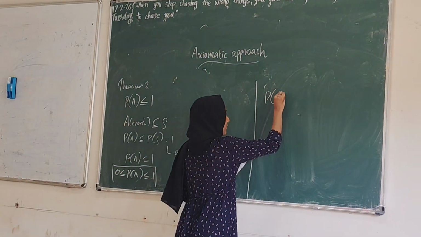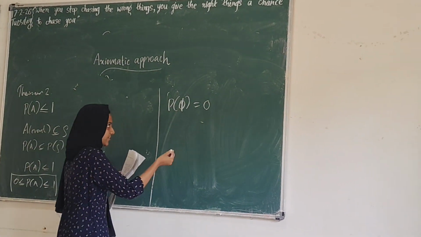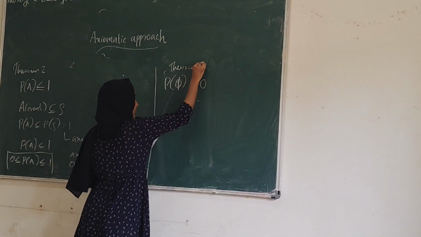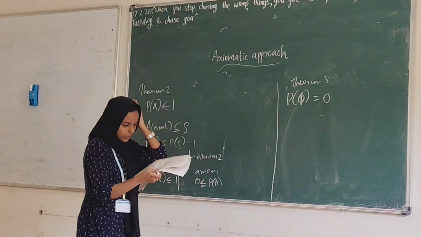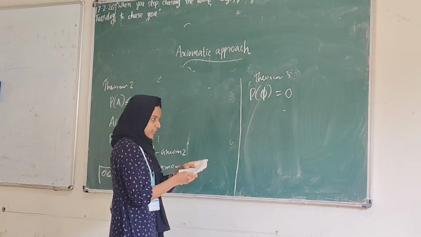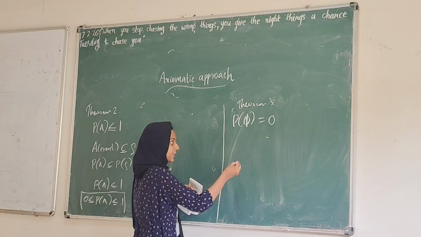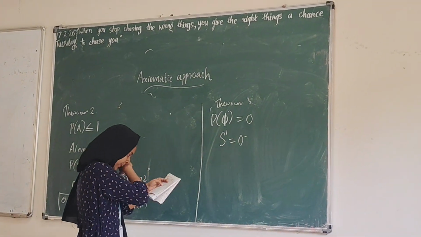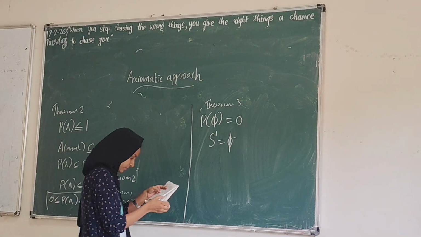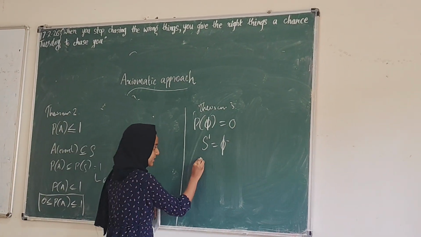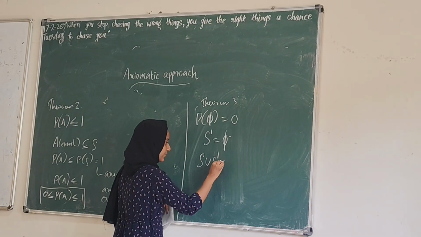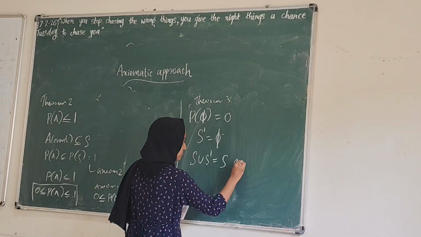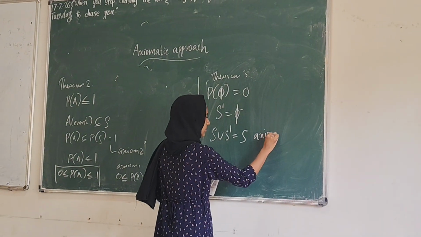Probability of the empty set is equal to 0. This is theorem 3. To get this, we will consider S complement, which is the empty set. So S union S complement will be S, from axiom 3.